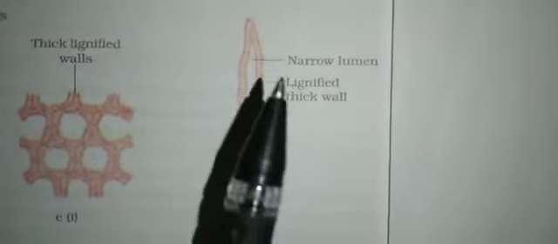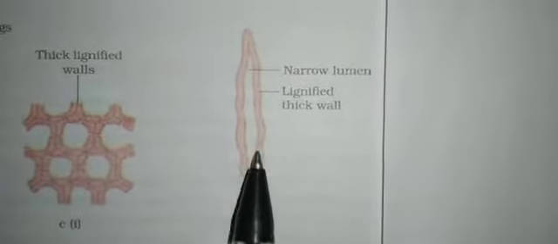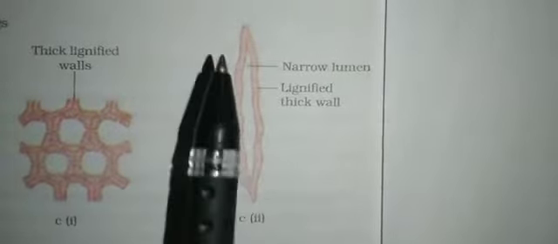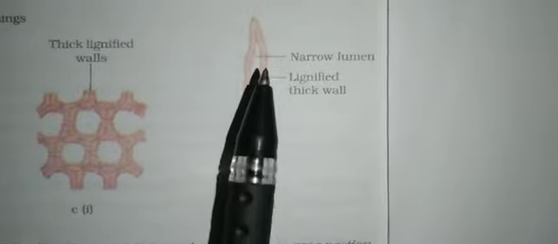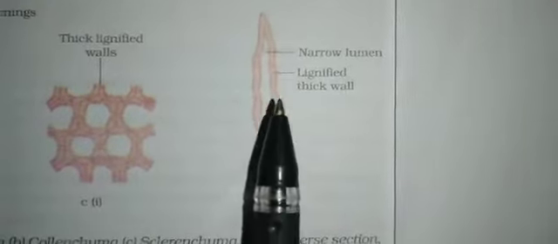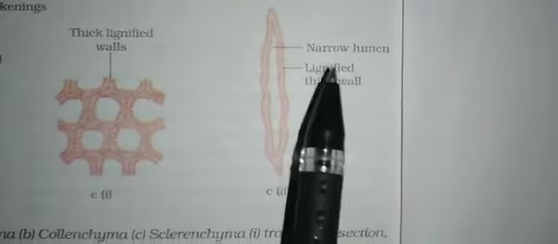And you can see they are long and narrow, as the walls are thickened, but they are narrow and elongated. This is one sclerenchyma. Okay, so the walls are thickened due to the accumulation of lignin. It is a lignified wall.